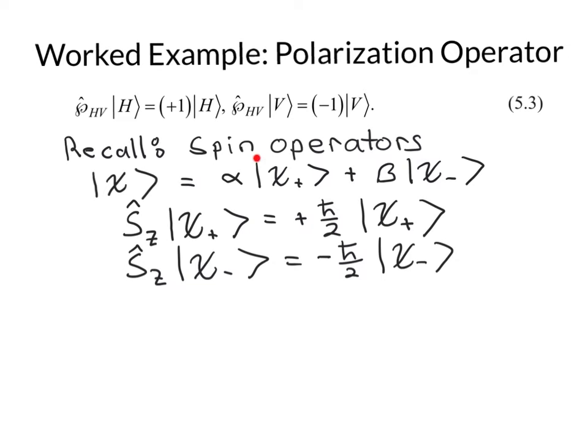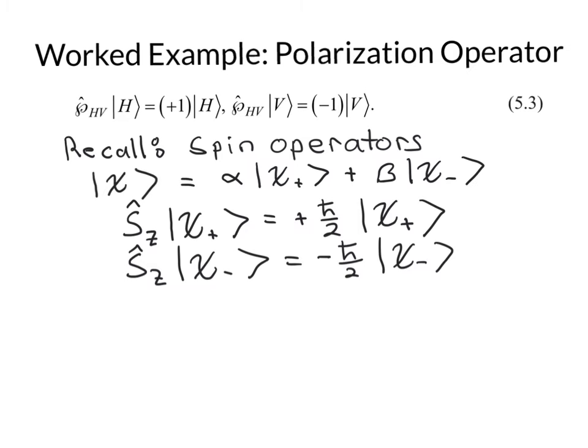And these chi plus and chi minus states are eigenstates of the spin operator S sub z. So when S sub z acts on chi plus, you get plus h bar over 2. And when S sub z acts on chi minus, the corresponding eigenvalue is minus h bar over 2.